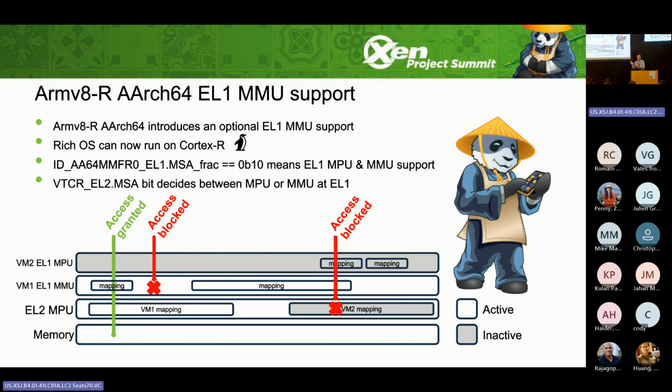In this architecture, now we are able to run both MPU-based guests and MMU-based guests. And there is a bit inside VTCR that decides basically what guest can run on top, and we are able to show the right programming model for that guest.